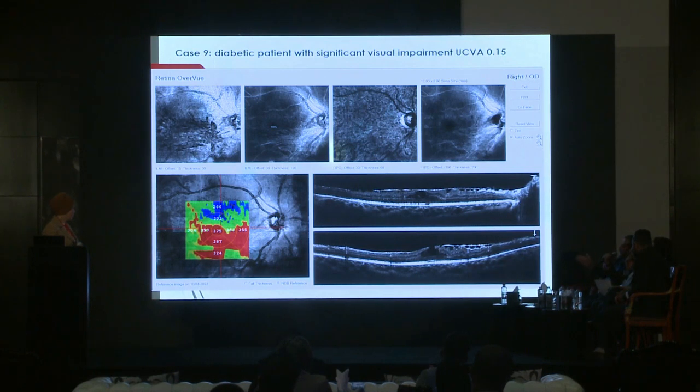And if there is no macular ischemia and no leakage, of course we will go for pars plana vitrectomy to close this hole, and we will explain to the patient the prognosis in these cases. We need to close the hole and see how much the vision will improve.